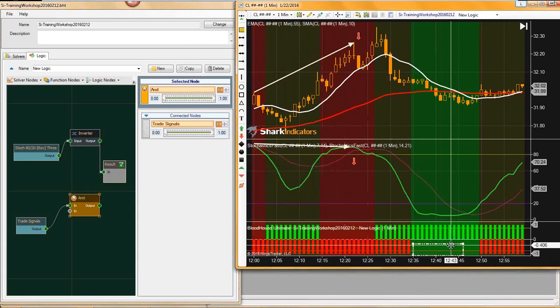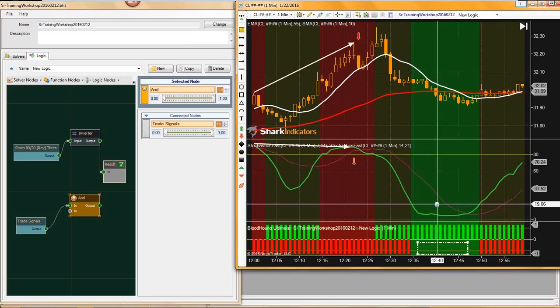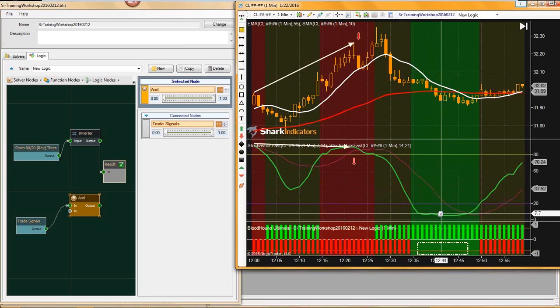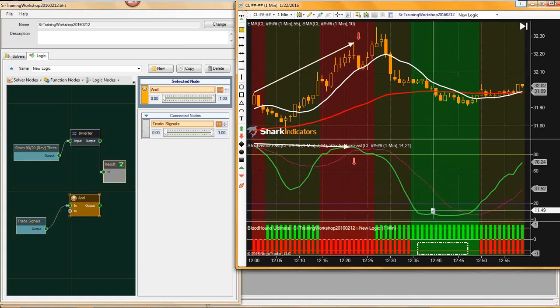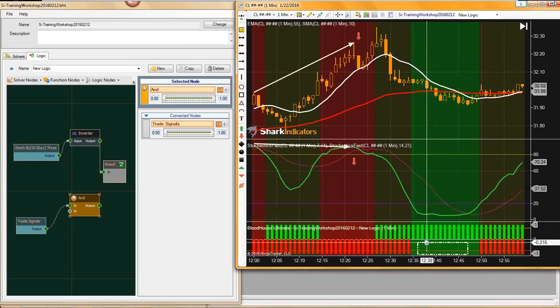Over here, if you remember, we're going to pretend that this area is our long divergence, and we want to block short signals during a potential long divergence.